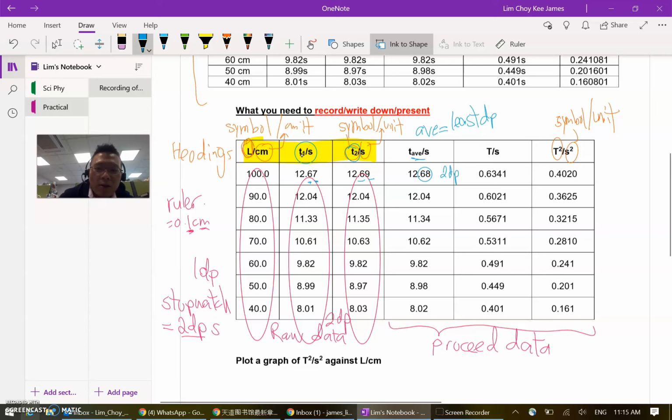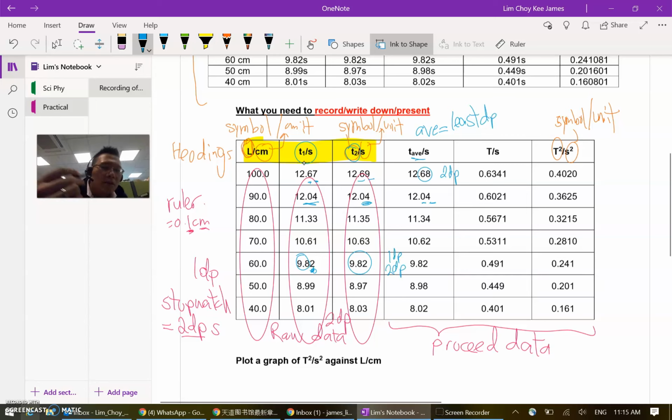Likewise for the second row, if the data used is 2 dp, my process data will be the least dp of both, so 2 dp. What happens if I have 1 dp, say 9.8, and the other data is 2 dp?